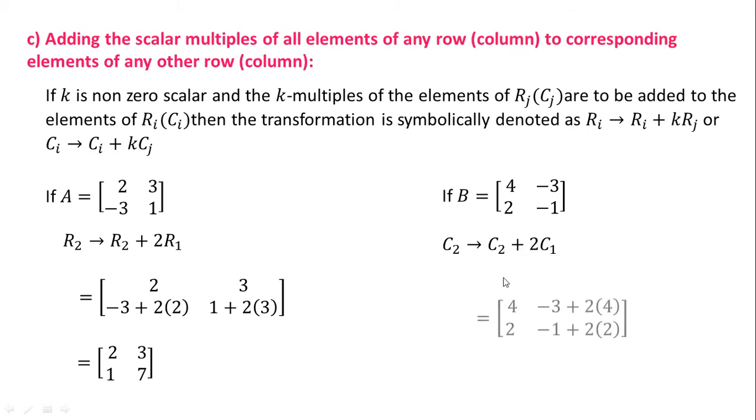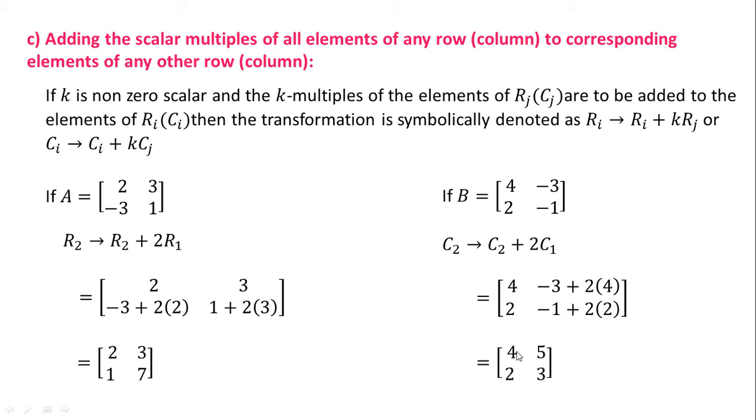Okay, so what happens? See, column number 1 remains as it is, 4 2 as it is, and we have to add 2 times C1, so minus 3 plus 2 into 4. Similarly here, minus 1 plus 2 times 2, so it gives 4 5 2 3 like this.